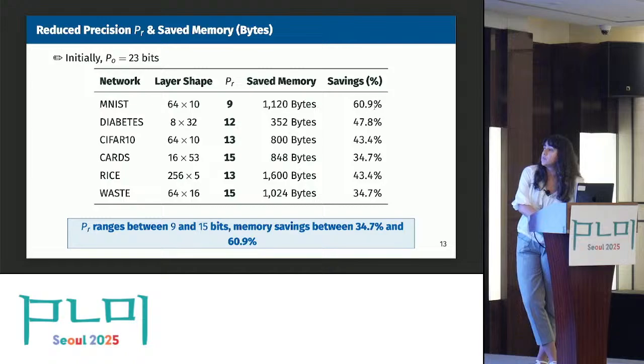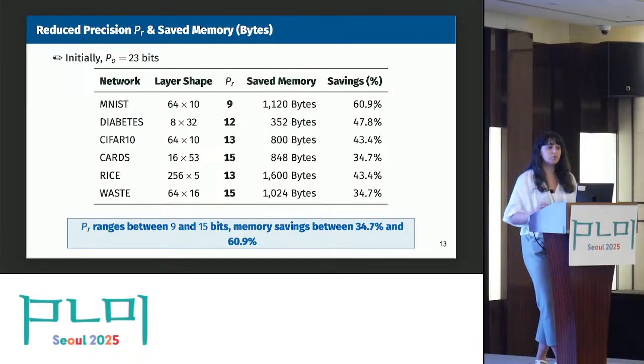So let's move to the first results. In this table, what we want to do is compute the reduced precision PR, and also show the saved memory that we obtain when doing this quantization. Initially, all our neural networks have been trained in original precision, which is single precision with 23 bits of mantissa.